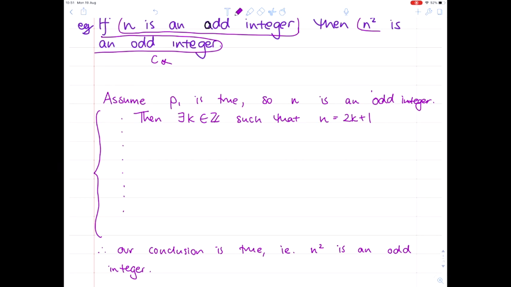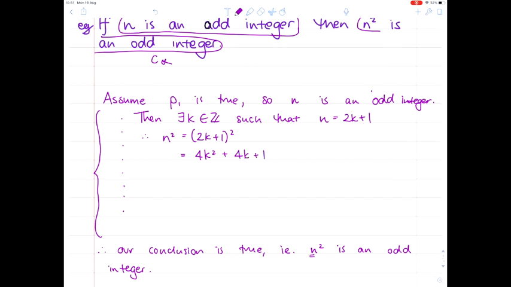Okay, and now we want to be able to talk about n squared, so let's see what happens if we square that. So n squared is equal to (2k plus 1) all squared, which is equal to, well, let's multiply this out. So we've got 4k squared plus 4k plus 1.